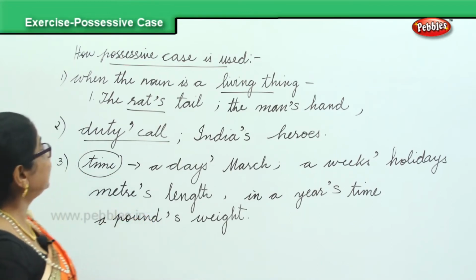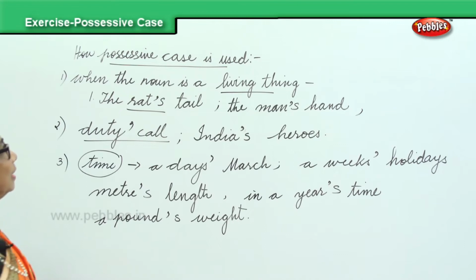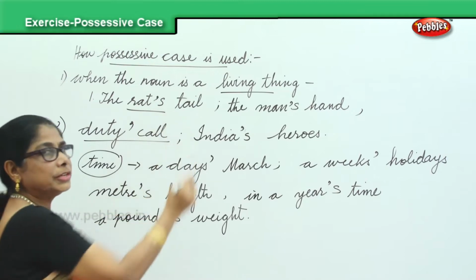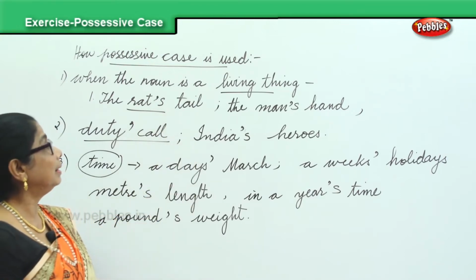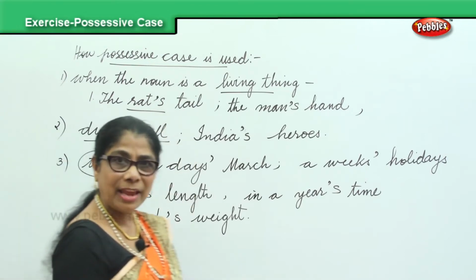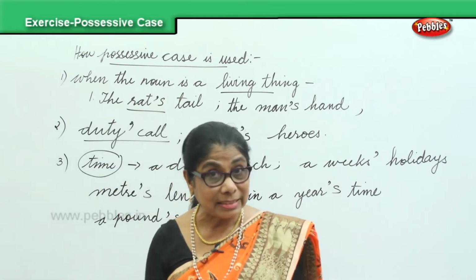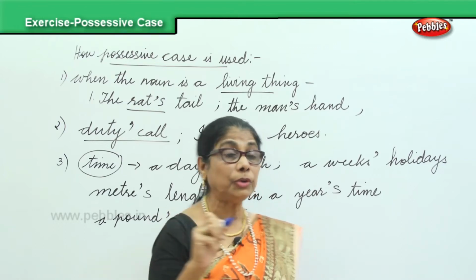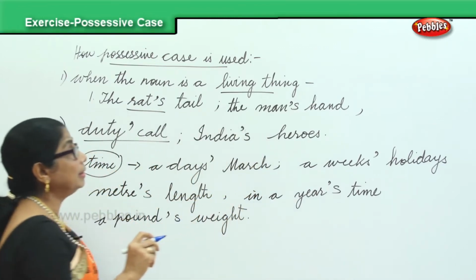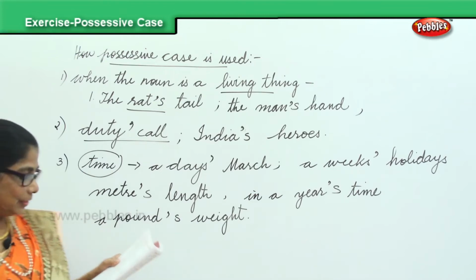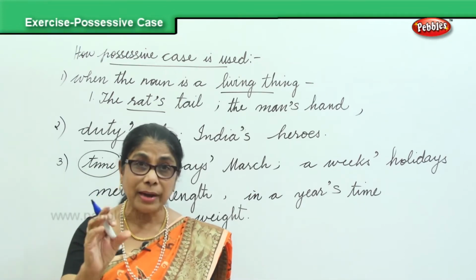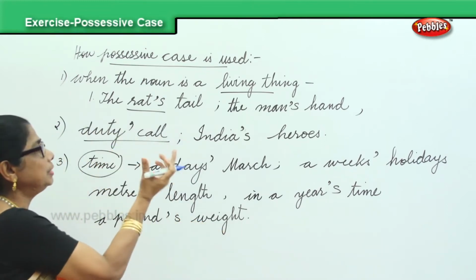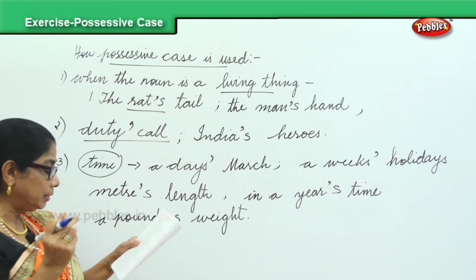Now, in the first case, if the noun is a living thing, then you write the apostrophe after the noun. The rat's tail, the man's hand, the baby's ear, or you can say mummy's nose, whatever. In the second case, when you're talking about personified things, like duty, work you do, then you say duty's call.